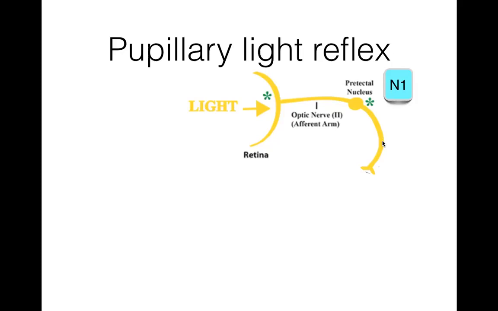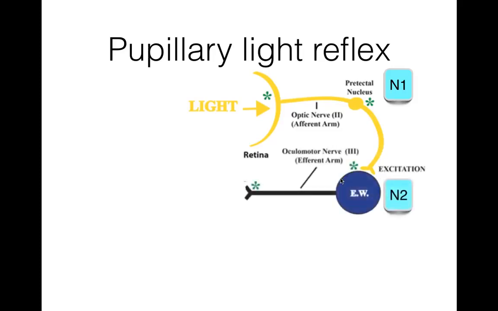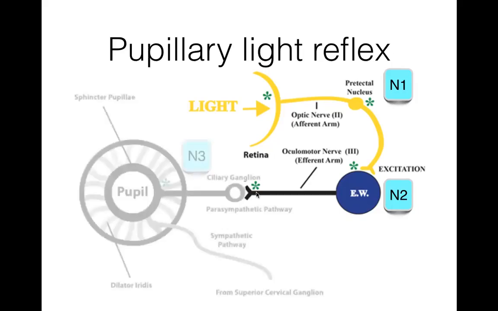Now, eventually, the pretectal nucleus sends out fibers or axons that will innervate the Edinger-Westphal nucleus. So this would be the N2 for this reflex. Now, in turn, the Edinger-Westphal nucleus sends out fibers that will form the oculomotor nerve, which is, of course, the efferent arm for this reflex.